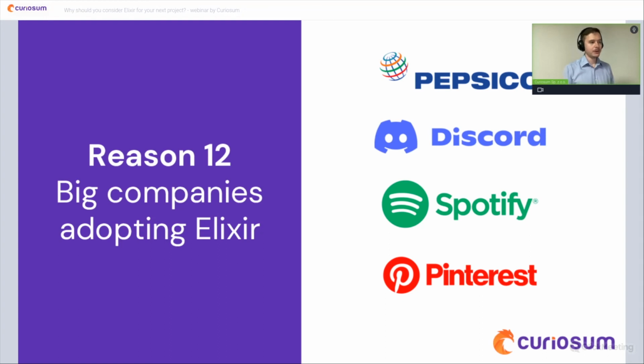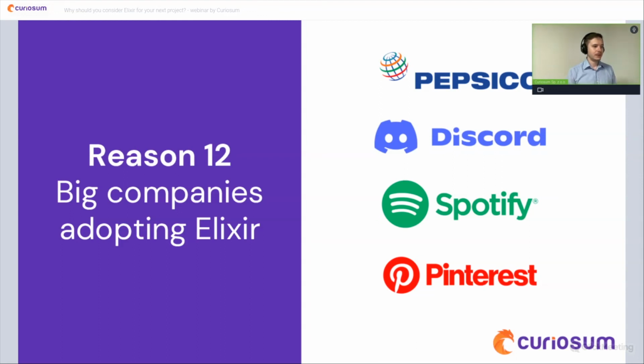And big companies use it. It's not like the tech is just for hobbyists. PepsiCo, Discord, Spotify, Pinterest, all of these use Elixir in production. So if you're interested, you can just type PepsiCo Elixir into the internet. You will find some stories about how they use it.